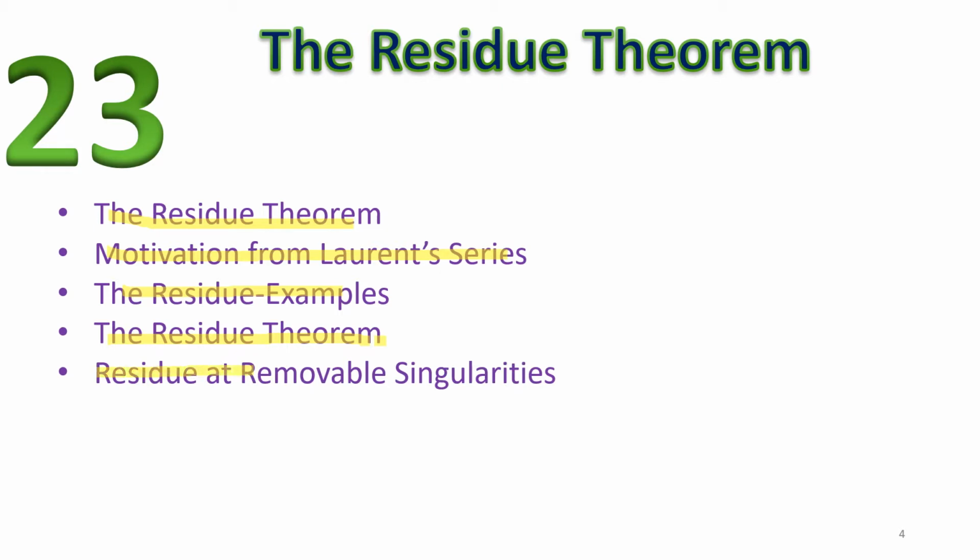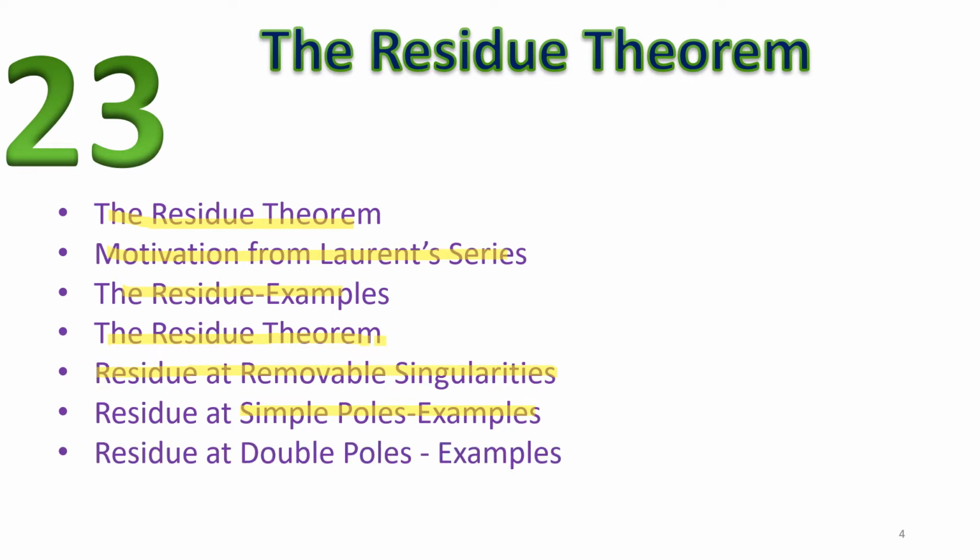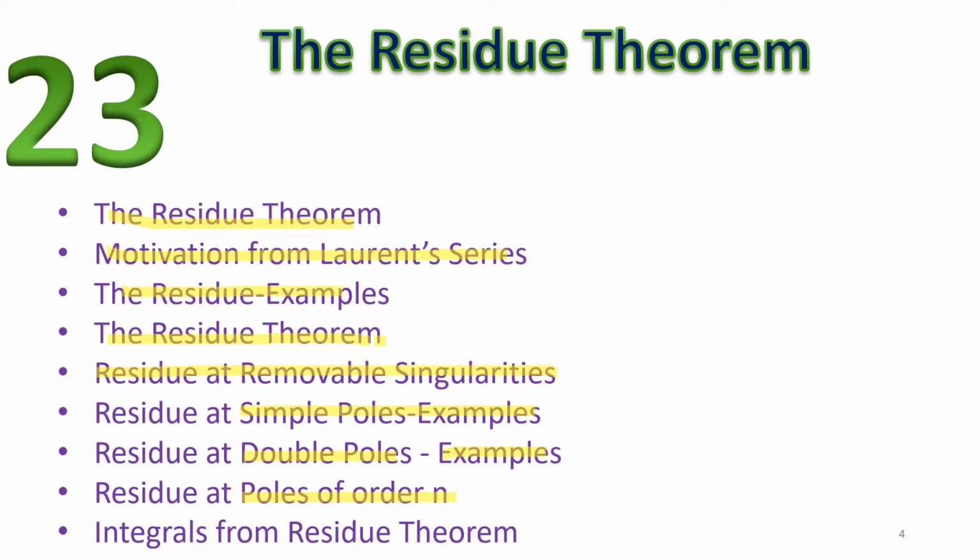The residue at removable singularities we'll try to learn. Then we'll try to learn residue for simple pole, and then we'll deal with some examples. Then we'll deal with double poles for residue and their examples. Then we'll deal with the residues at poles of order n.